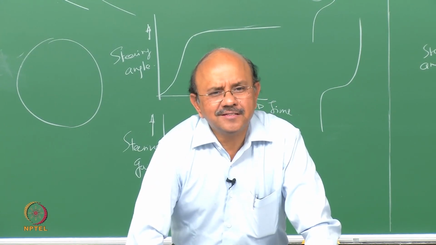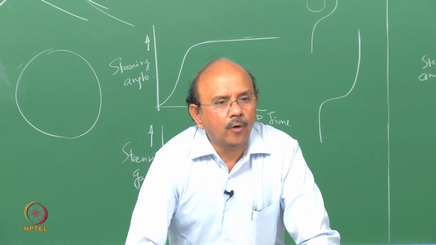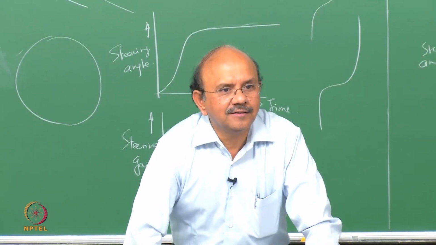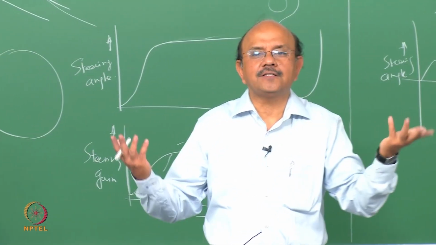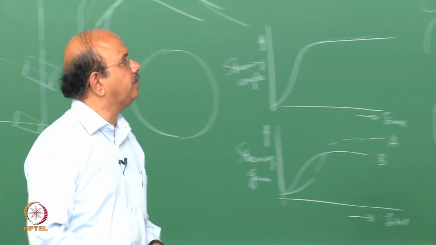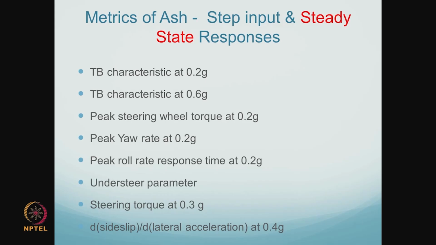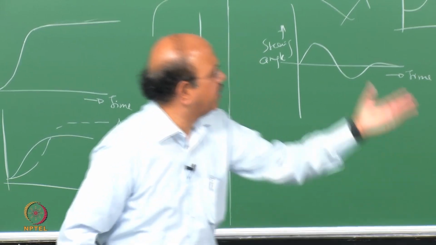The next question, which has not been answered, is why are we looking at these things? What is the logic of suddenly telling me that TB characteristics at 0.2 G or peak yaw rate at 0.2 G has a correlation with vehicle performance? Why is it at 0.2 G?